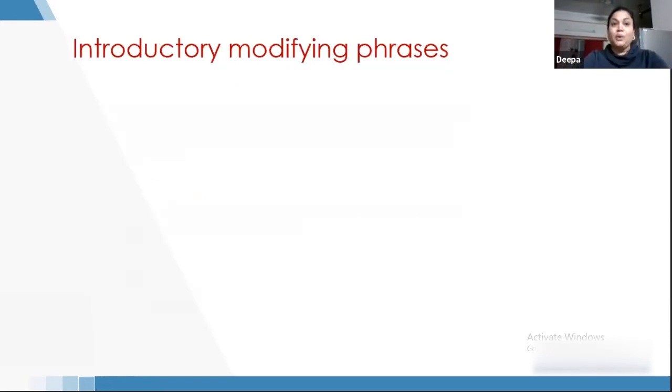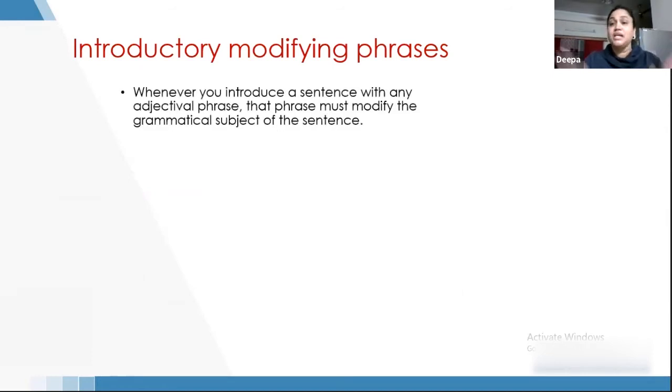So let's go and understand what introductory modifying phrases are. Whenever you introduce a sentence with an adjectival phrase, the phrase must modify the grammatical subject of the sentence. Now, we should always understand that an adjective always modifies the noun, and an adverb always modifies the verb.